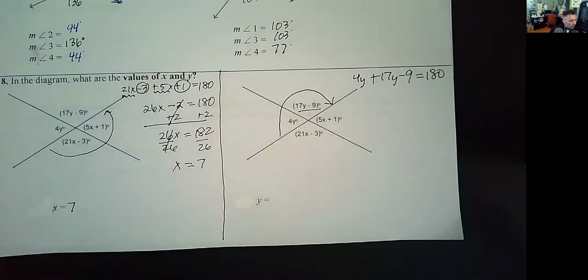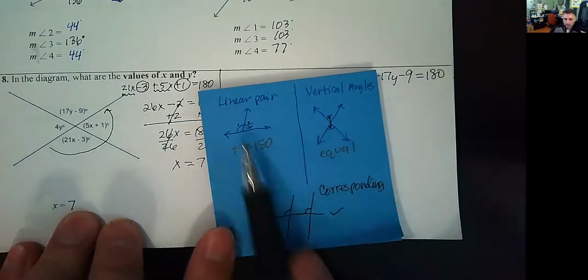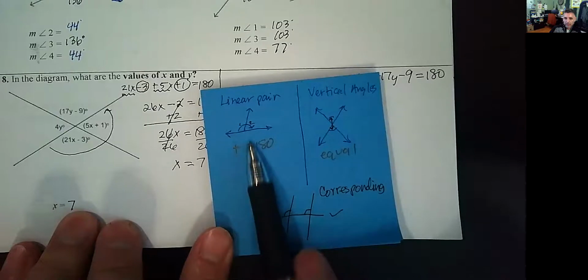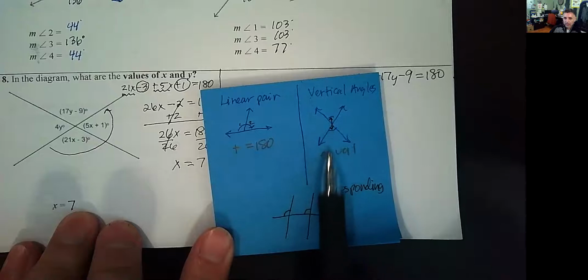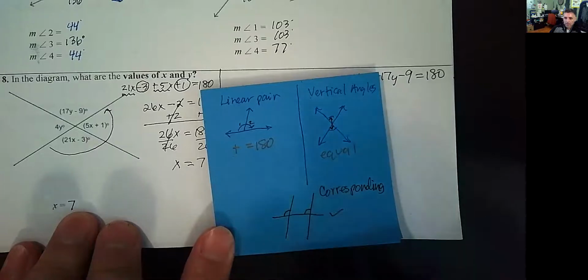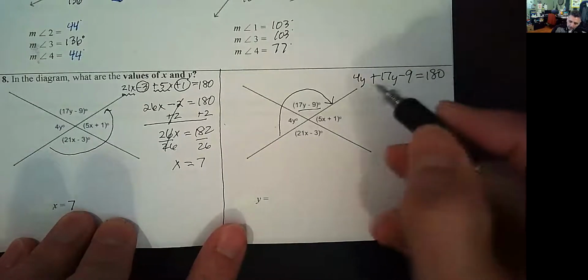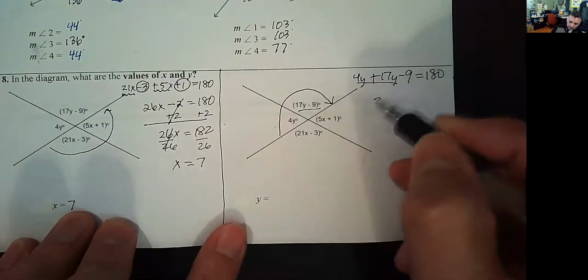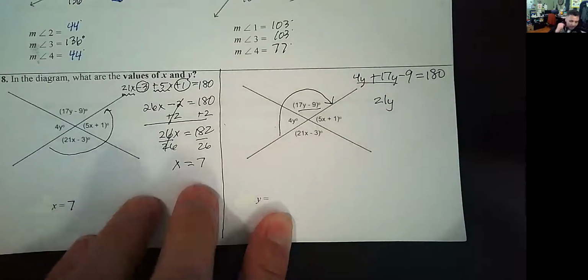Actually, I think I still have my notes right here from a long time ago. See, it's a linear pair. When you add them, it equals 180. When they're vertical angles, they're equal. Okay. So then I can solve this. Combine the y's, that's 21y.